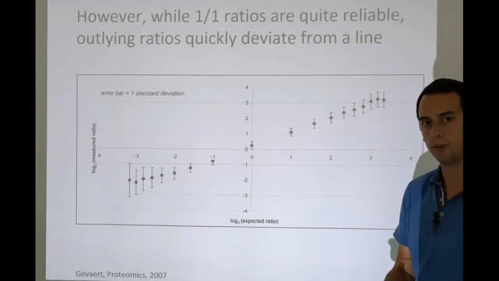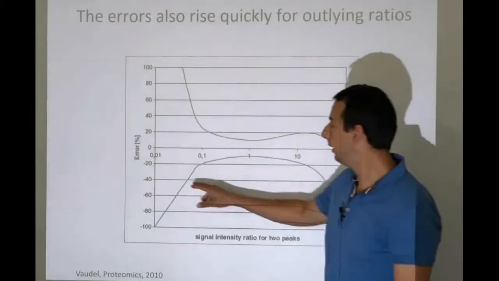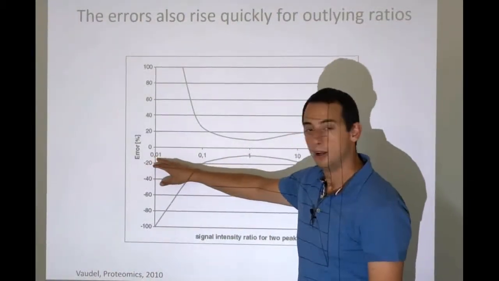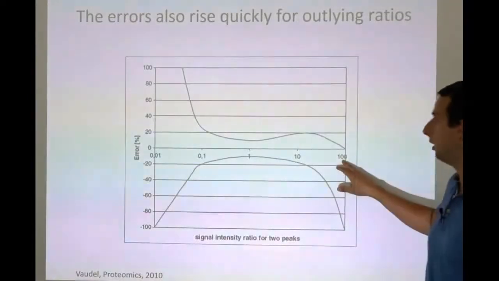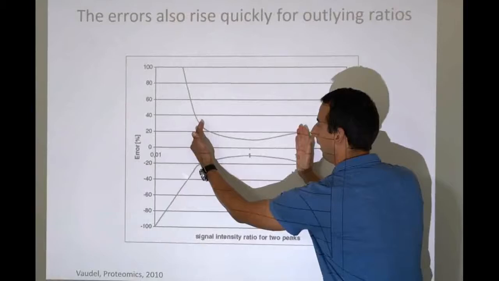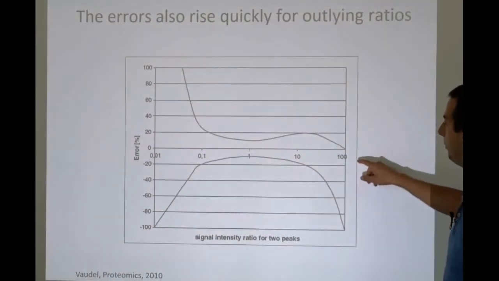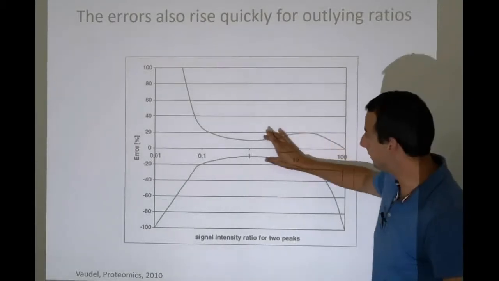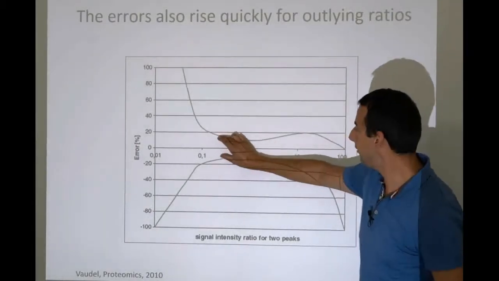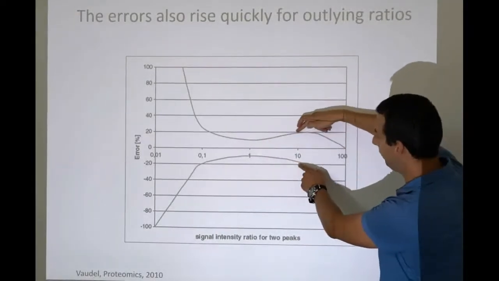Let's look at a more modern version. This is a curve that was made by Marc Faudel, and it has a 1 over 100 to 100 over 1 ratio. So the previous chart showed us this range, and now we're looking at this range. This is on the log 10 scale. And what you can see here is that the error on the measurement stays more or less within boundaries close to 1, but it gets worse and worse as you go away from 1.